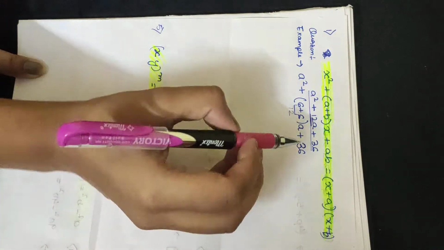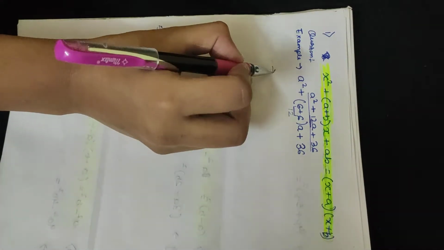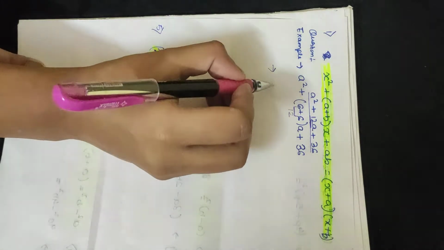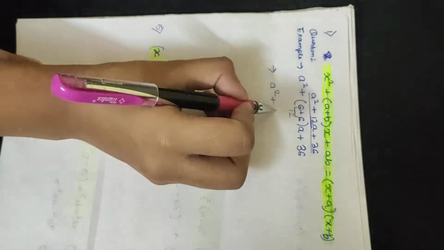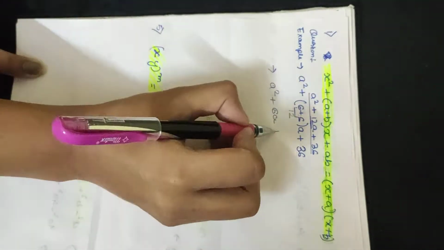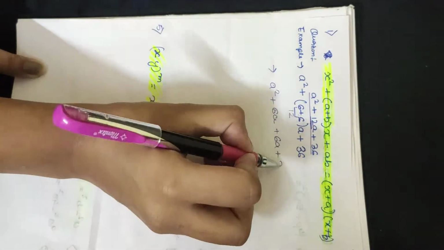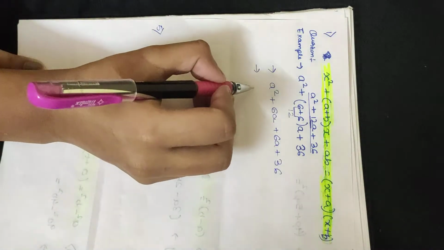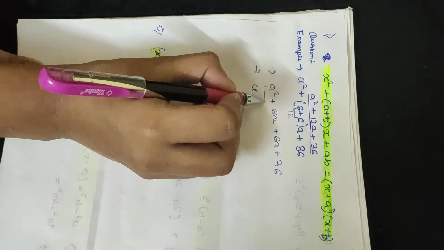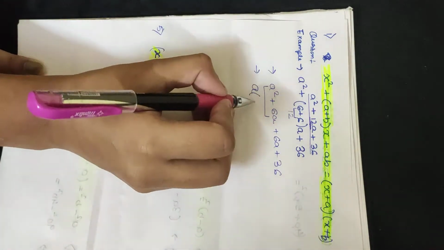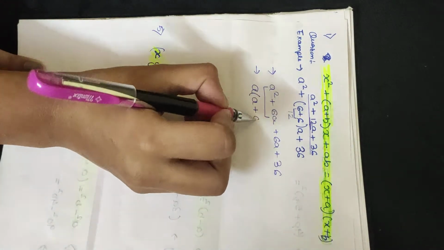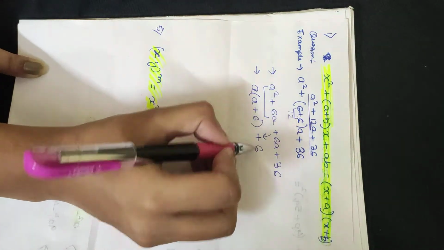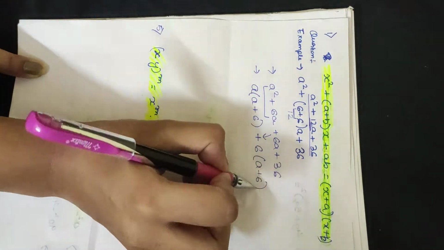Okay. So now we can write it down as a square plus 6a plus 6a plus 36. Next we can write it down as, we take a common from the first two terms, which gives us a into (a plus 6), plus we take 6 common from here, and (a plus 6).